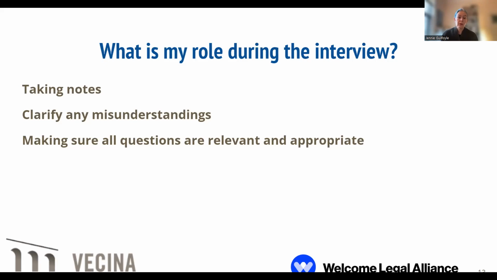If necessary, you can ask to speak to the officer's supervisor. If you feel like the officer is doing something really inappropriate, it's best to ask for a supervisor right then and there. They have supervisory asylum officers at the asylum office, and you can absolutely do that. I have never had to do that, but it's absolutely possible and important if it does come up.